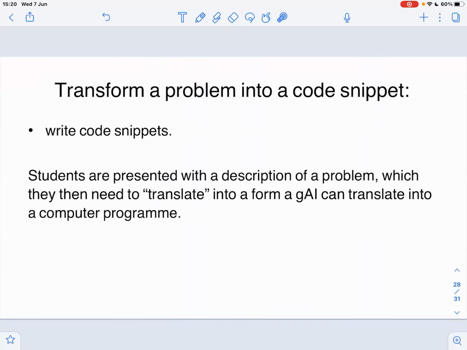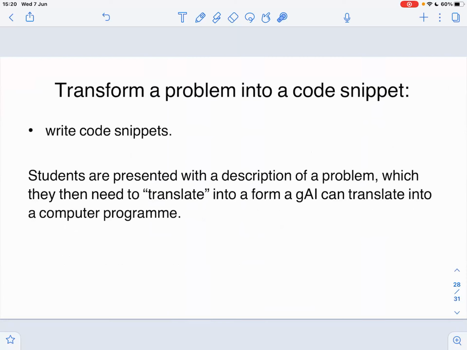Ask a problem, and the students need to translate that into a code, for example, Python, or into an R script. Very easy. Here is the problem, translate it, and now see whether the program runs and it gives you the correct output.